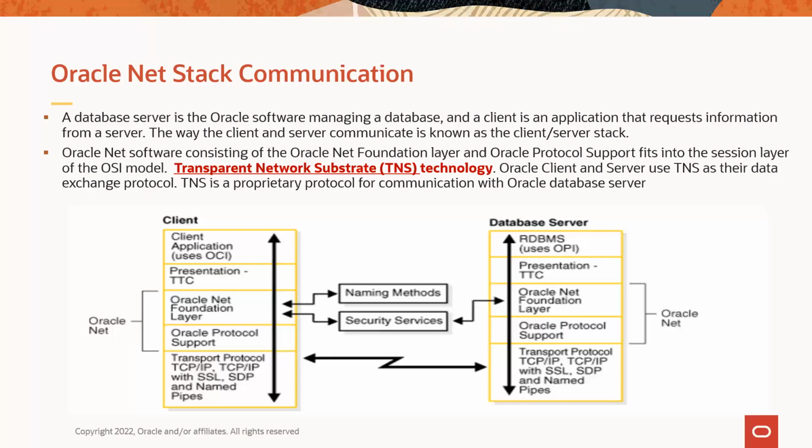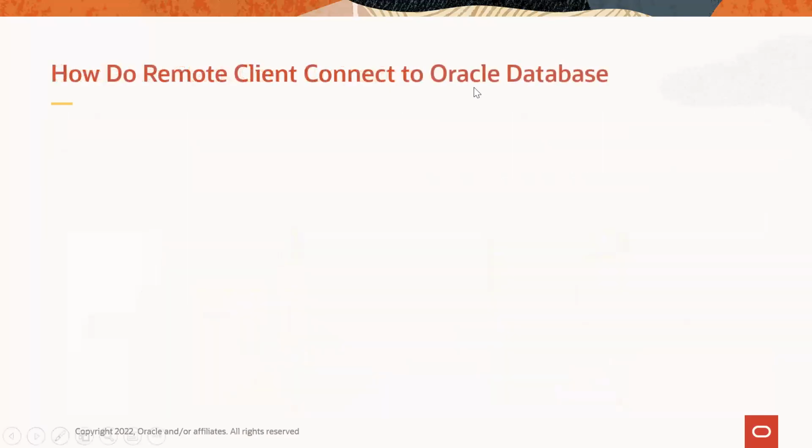So any information between my Oracle client and Oracle database, the language, the protocol it understands, is our Oracle database server protocol, which is integrated with the OSI model, and that protocol is called the TNS protocol. In a coming slide, we'll get more information on how exactly the packet exchange takes place between an Oracle client and Oracle database.